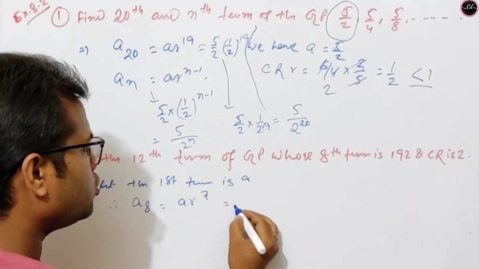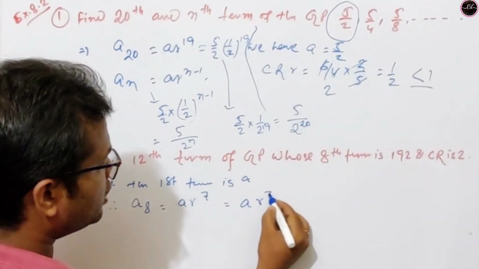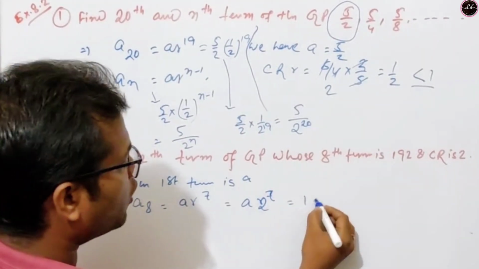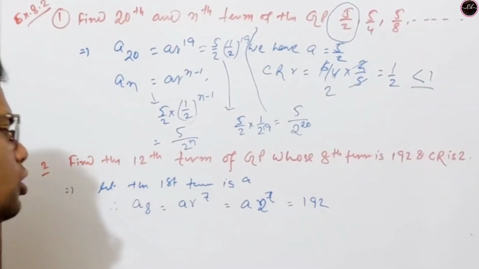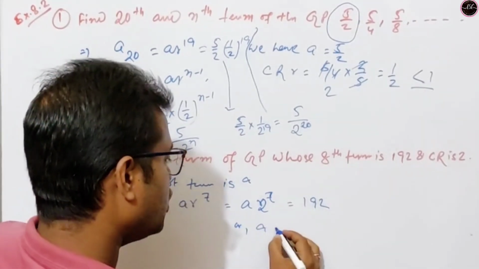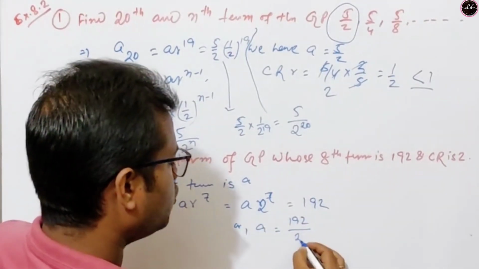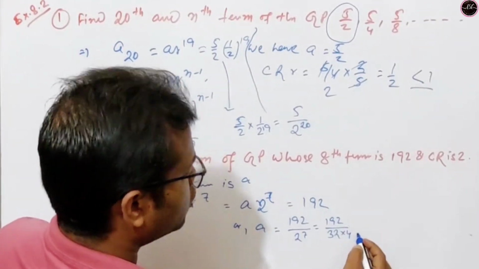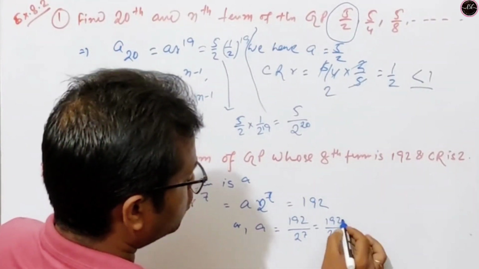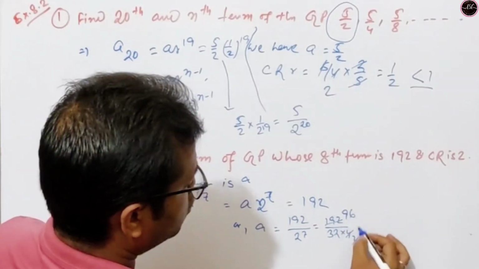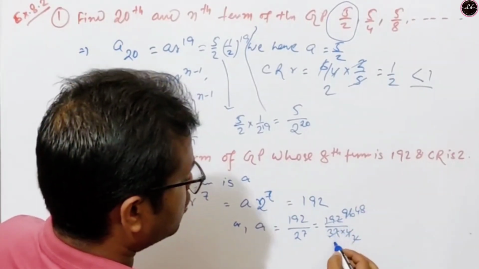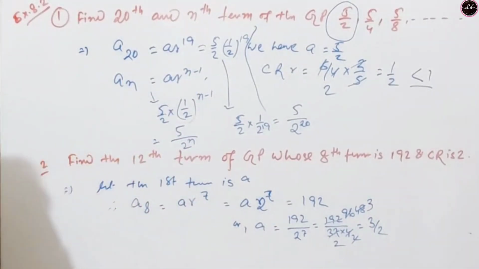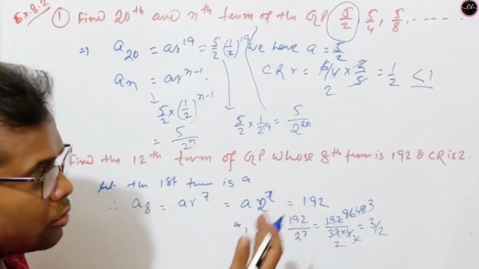Here r equals 2, so putting 2 to the power 7, and this is equal to 192. So A equals 192 divided by 2 to the power 7, so 192 divided by 32 into 4. Cancelling 2, 4, 8, we get 3 by 2. So the first term will be 3 by 2 and the common ratio is 2.